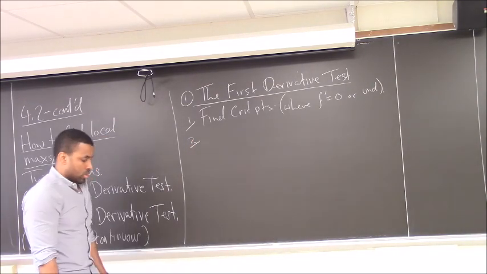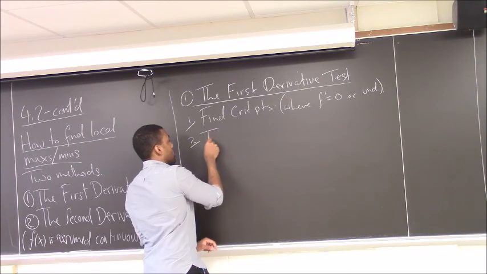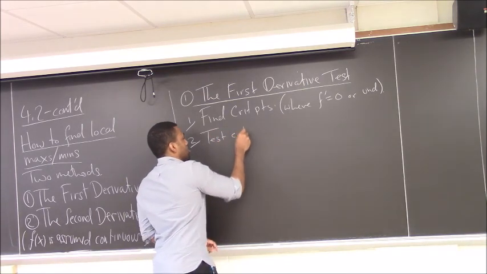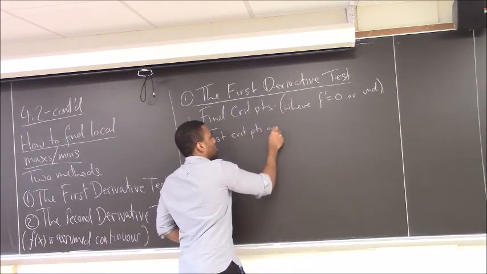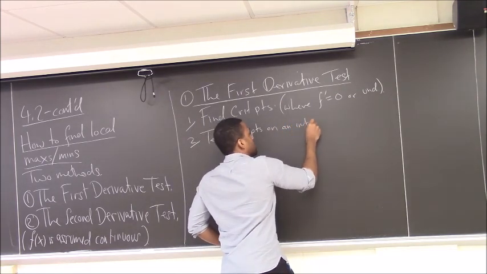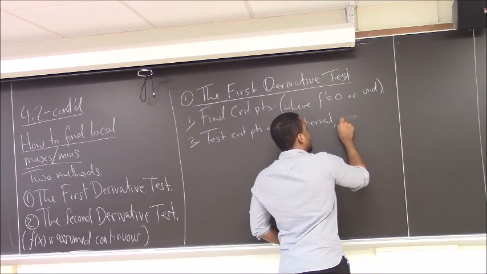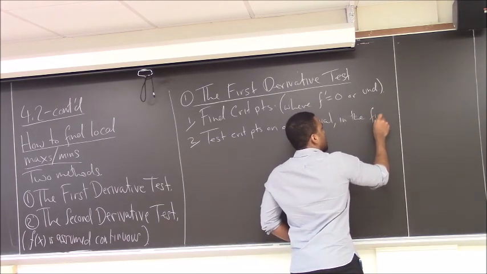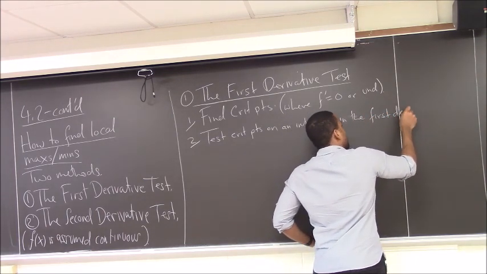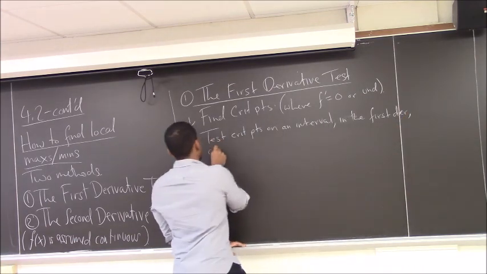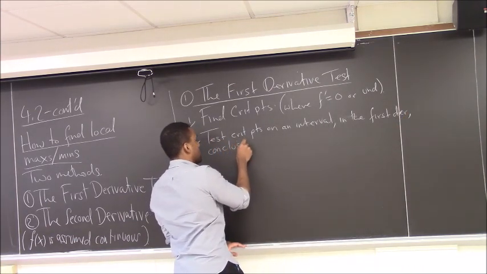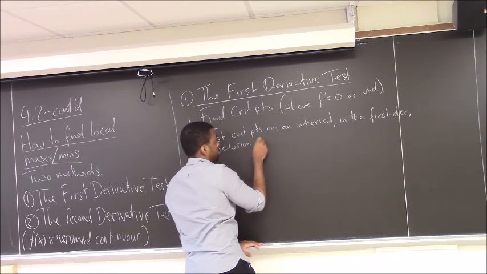It's basically a two-step process. You test the critical points on an interval and conclude. Of course, you're going to plug it into the first derivative, and you're going to make a conclusion based on the following.